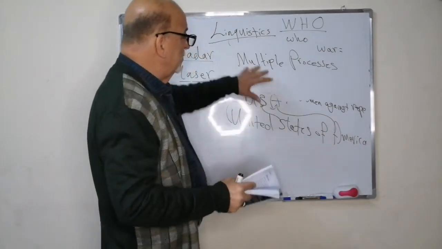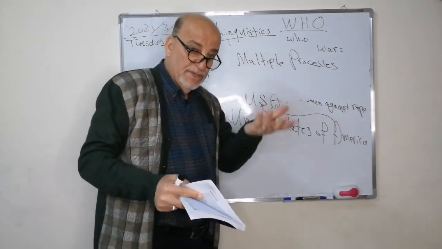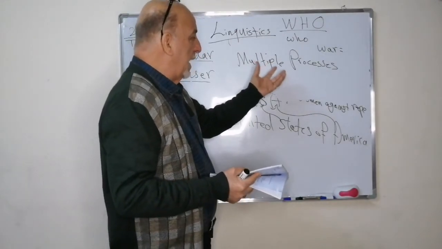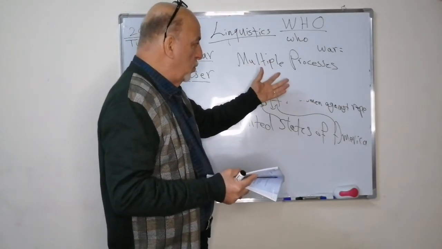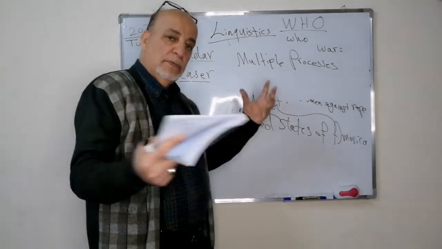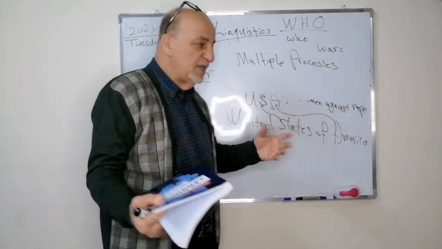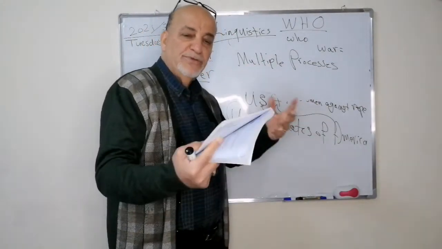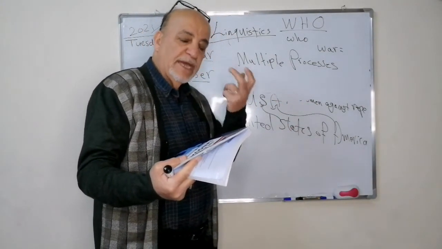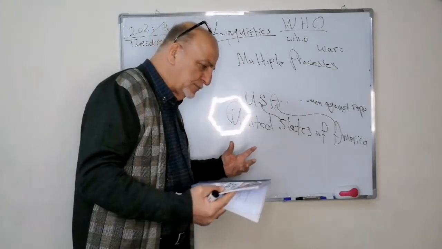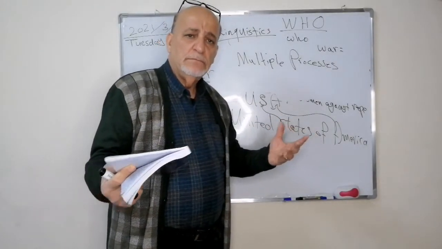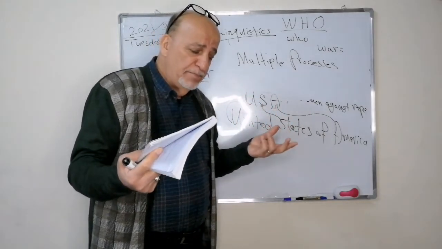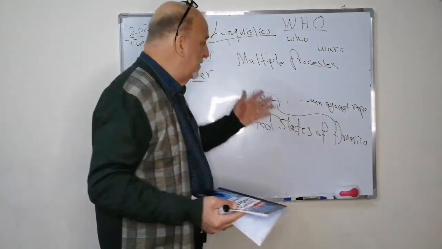Now here, we do not have a new word formation process, as in acronym, as in coinage, as in clipping, as in blending, as in compounding, as in backformation, as in conversion.